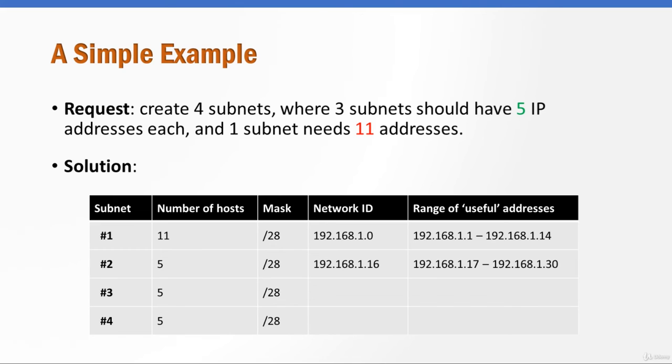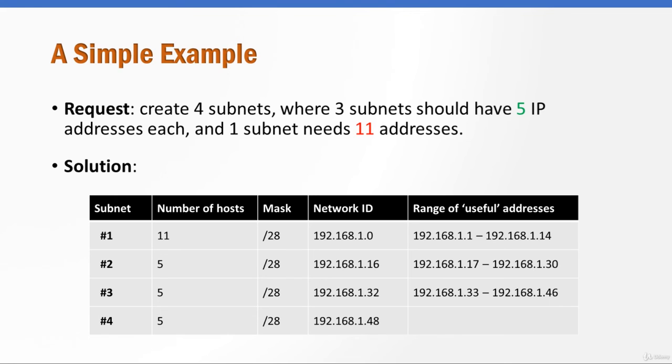And then the network ID for the third subnet is going to be 192.168.1.32. And then again, we're going to use the next 16 IP addresses in that subnet, where 192.168.1.47 is going to be broadcast, and then 192.168.1.48 is going to be the network ID of the fourth subnet.